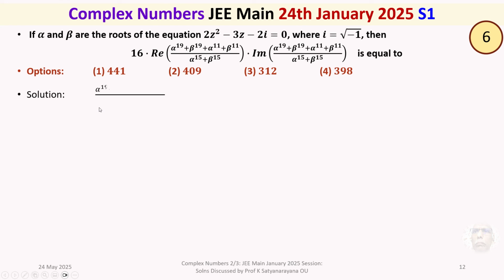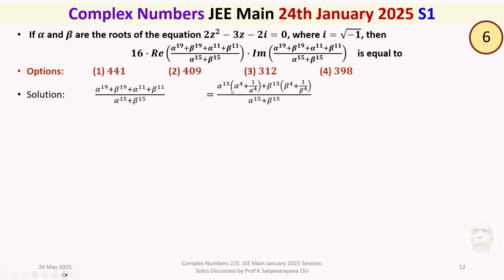Let's now discuss the solution of the problem in detail. We first take alpha to the power of 19 plus beta to the power of 19 plus alpha to the power of 11 plus beta to the power of 11, whole by alpha to the power of 15 plus beta to the power of 15, is equal to. Take alpha to the power of 15 common.